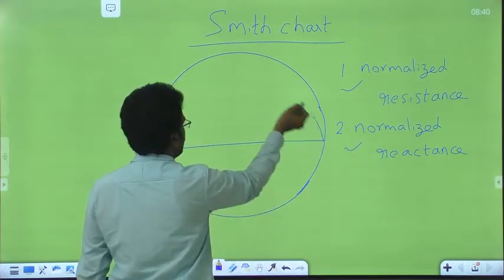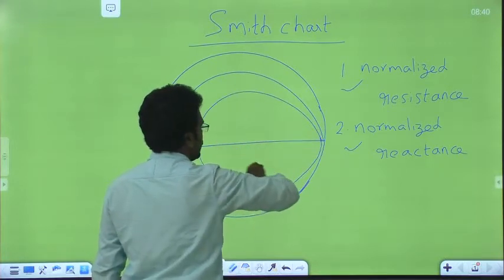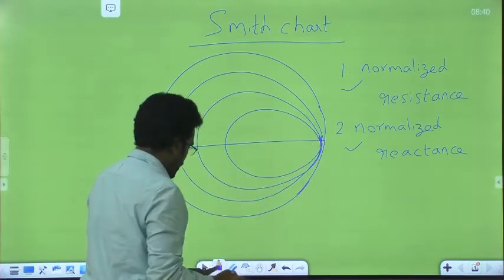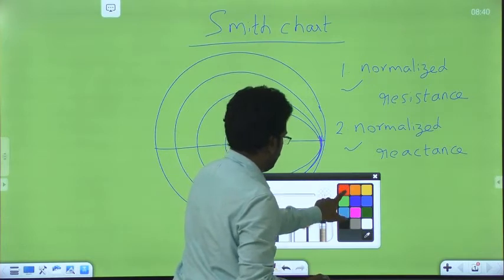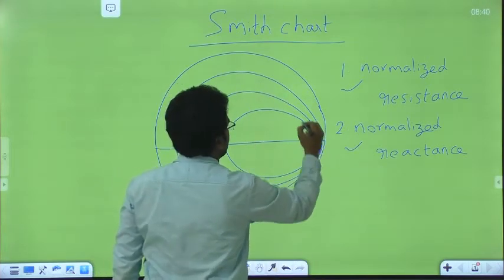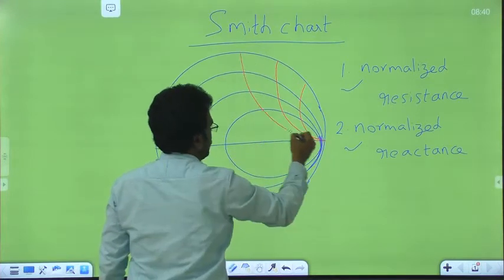So these full circles are called normalized resistance circles, and the half circles are called normalized reactance circles.